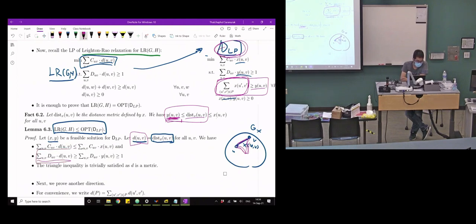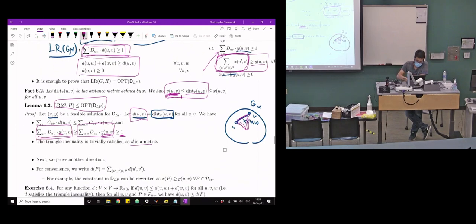Because D is at least Y, but Y is at least 1 by this constraint, so this constraint still holds. And the other constraints will be trivially satisfied because D is a metric. So yeah, we have one direction.